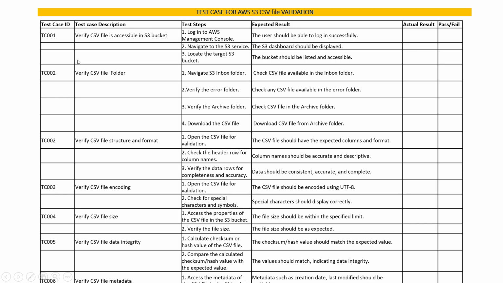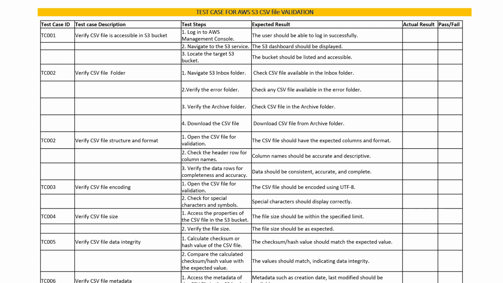The next test case is to verify the CSV file folders. Navigate to the S3 inbox folder and check that the CSV files are available in the inbox. Then verify the error folder: check whether any required CSV file has dropped into the error folder. If any file has dropped into the error folder, the test case fails, and we report it to the developer.